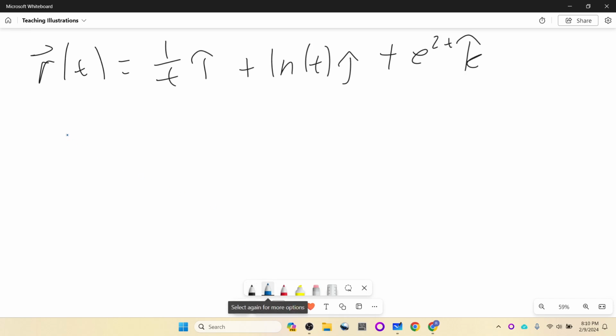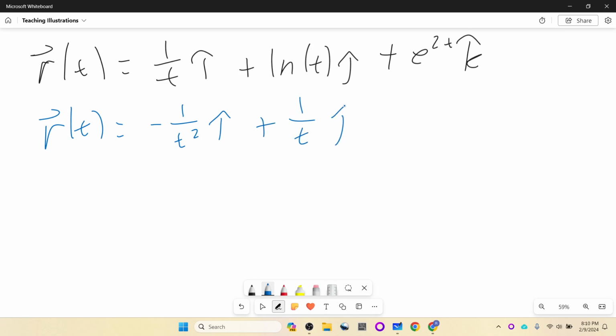Okay, so the first derivative, r prime of t, would be -1 over t squared i plus 1 over t j plus 2e to the 2t k. That's r prime, which is also v of t.